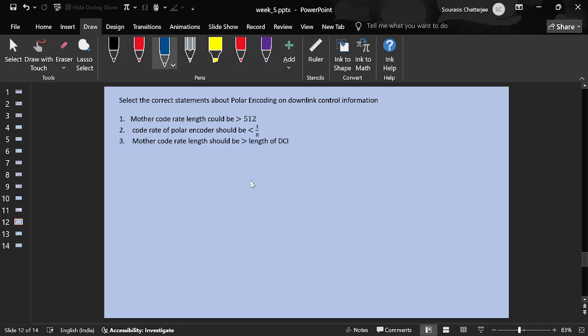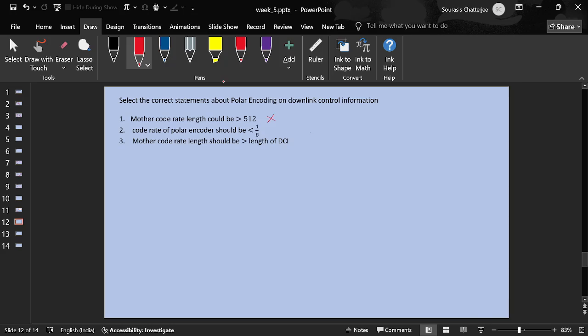Can the mother code length be greater than 512? It's not possible, right? So this is out of the options. Can the code rate of the polar encoder be lower than 1 over 8?